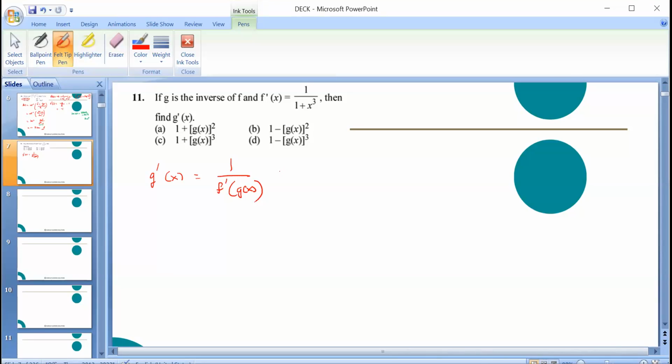Now we know what f dash is. Use that, 1 by 1 plus g of x whole cube. So it is 1 plus g of x whole cube.